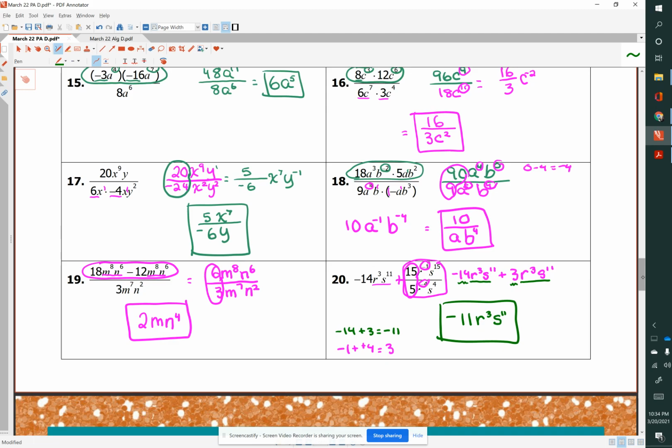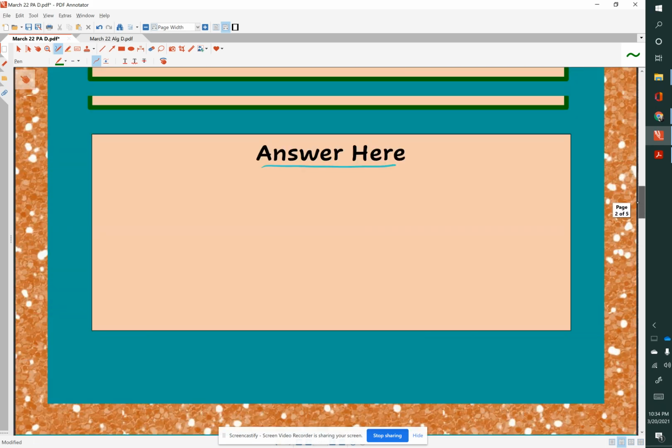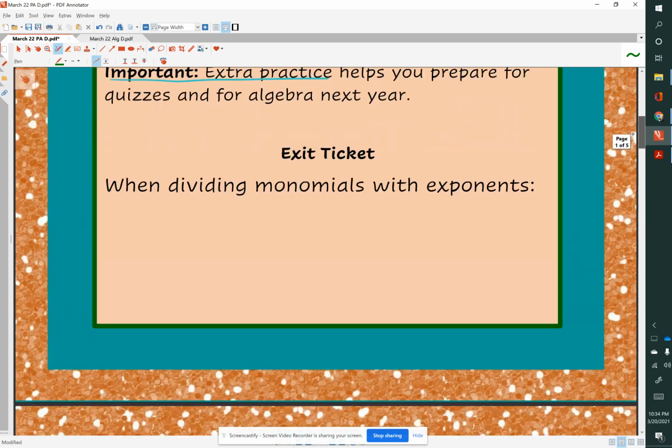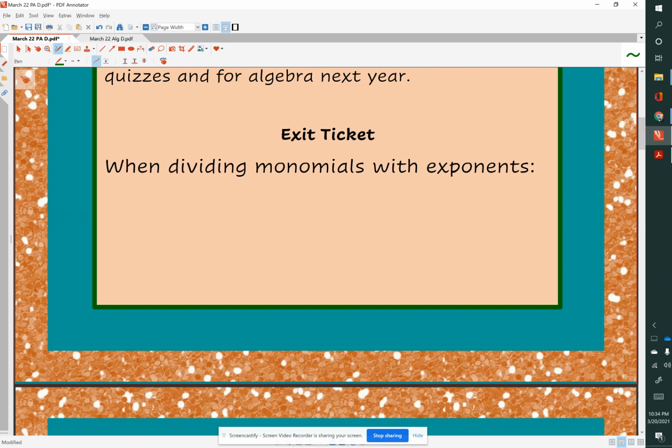So let's go back to our exit ticket. When dividing monomials with exponents, subtract the exponents. So it's specifically the exponent in the denominator from the exponent in the numerator.